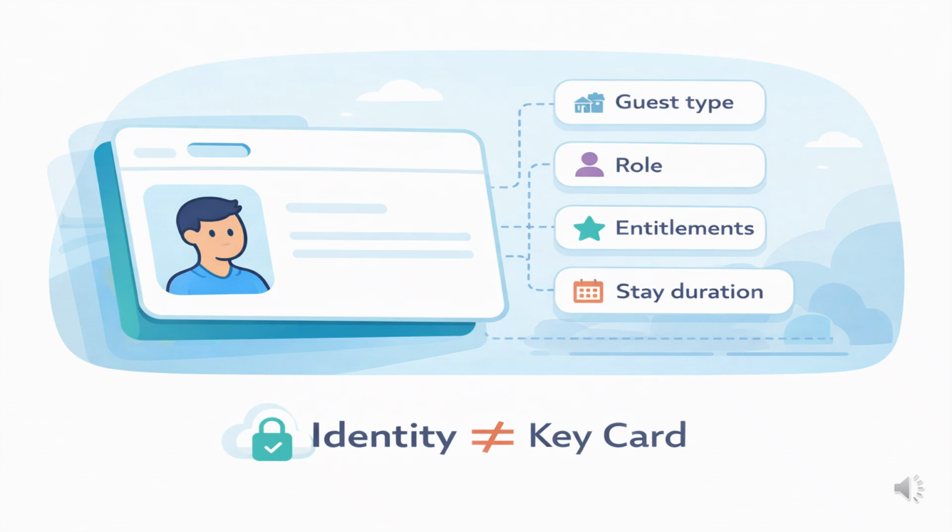So there is a difference between the stay type, right? It ties back to what the person has to pay as well. That's where authentication proved we are real, but identity defined who we are inside that hotel.